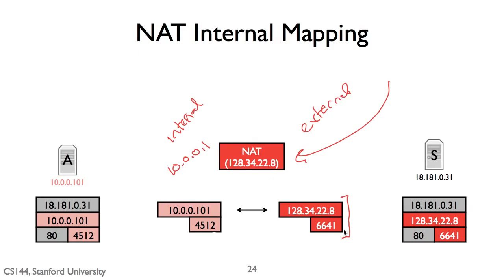But what happens if it receives a packet destined to its external address, 128.34.22.8, and some random port of 55,127? What should the NAT do? Well, in the end, the NAT is itself an IP device. And the fact that some of its ports happen to result in translation is independent of how it would respond.